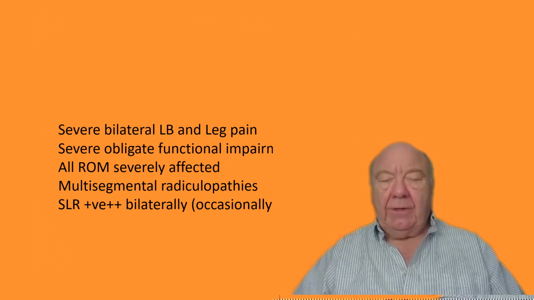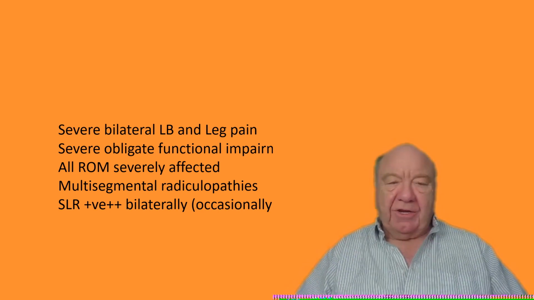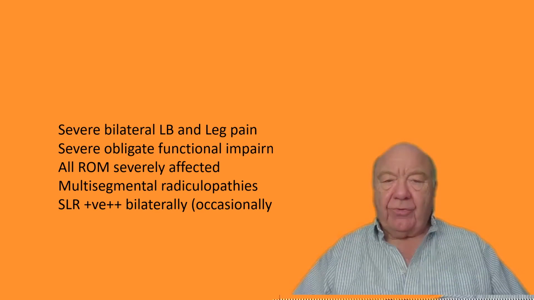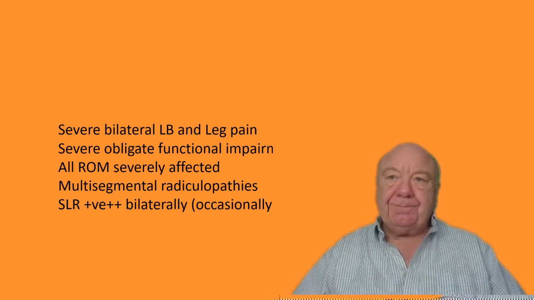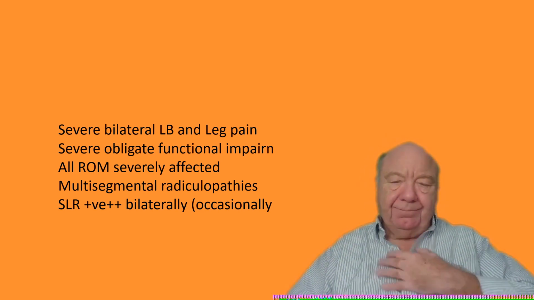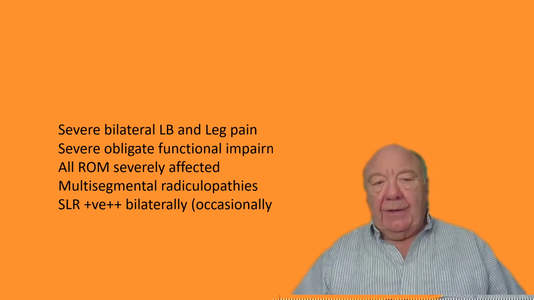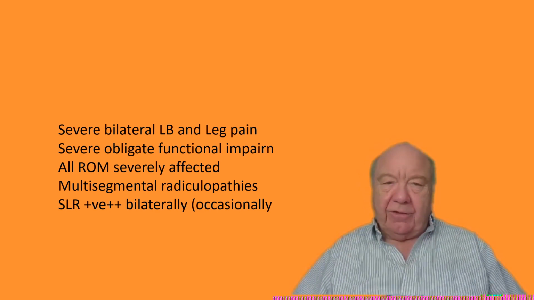Okay, so the diagnostic criteria for cauda equina syndrome, and I can't believe anybody's going to have a problem with actually diagnosing this. Severe bilateral low back pain. It's worth noting though that if this is not from a disc and it's from a tumour, a neurological tumour, then you're not going to see this severity of pain.